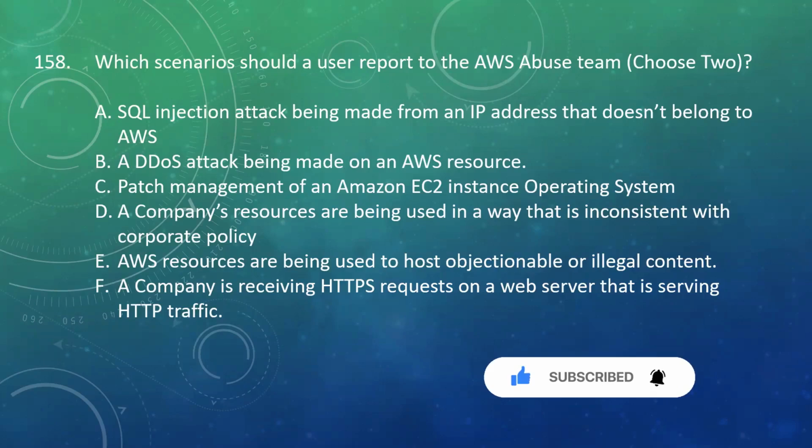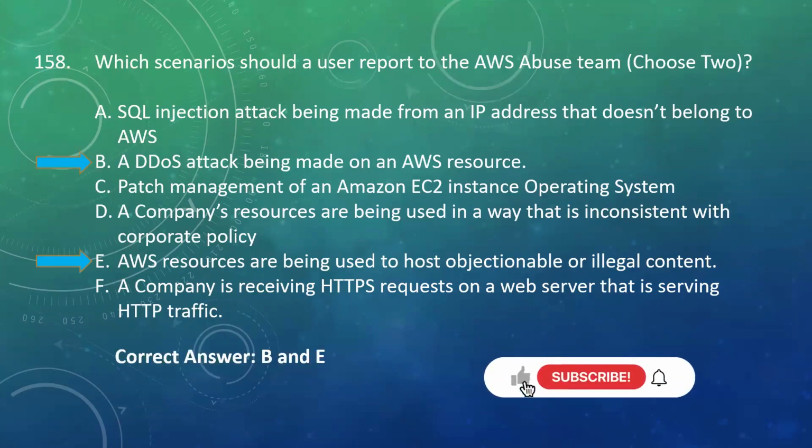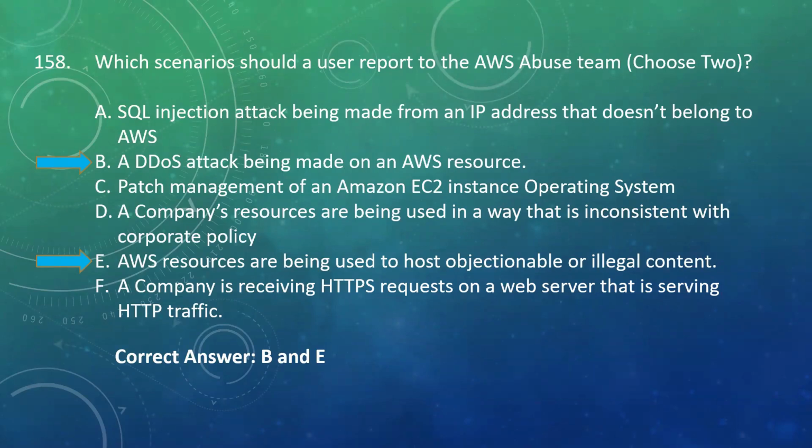Now, the correct answers here are option B and option E. A DDoS attack being made on an AWS resource, and AWS resources are being used to host objectionable or illegal content. The AWS abuse team can assist you when AWS resources are implicated in multiple abuse types. Now, the first one is web content or non-copyright intellectual property, that's objectionable content hosted on an AWS resource, which is what is option E in this case.